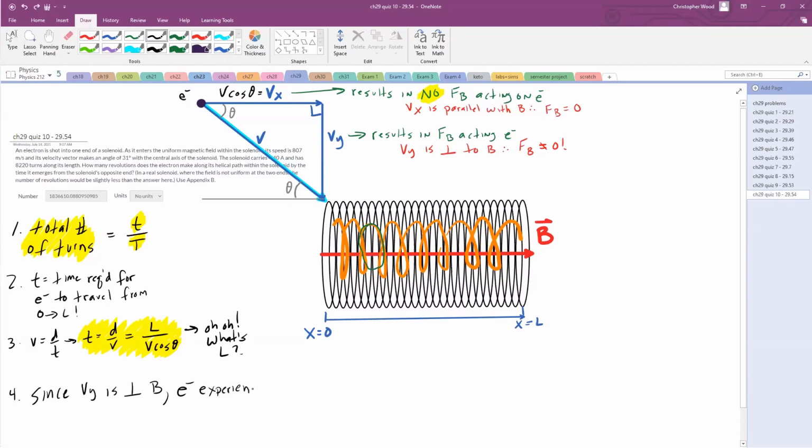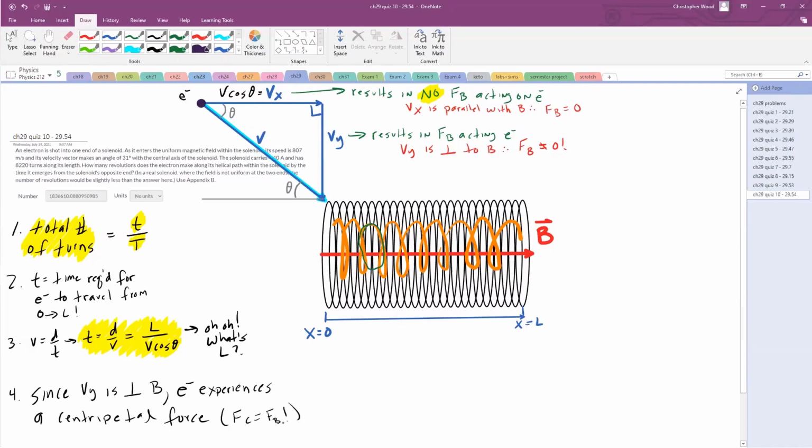That is a very good part of this problem. Since this y velocity is perpendicular to the magnetic field, it experiences a centripetal force brought to you by the magnetic force. How do I know it's centripetal? Right-hand rule. So I can say that the centripetal force is going to be that magnetic force.